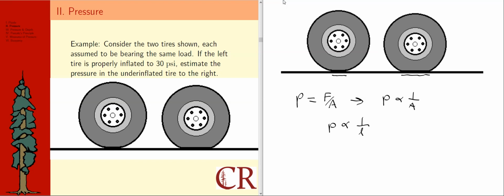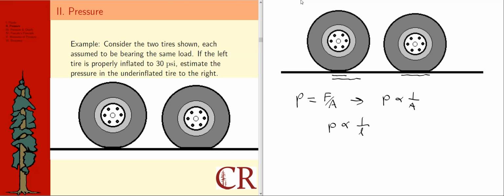there. It might be hard to eyeball, but I've got some tools here that might help me out a little bit. I'm going to copy this one here and then move it close to the other one. And now that we're looking at them close together, it looks like that length of the underinflated tire is roughly twice as long as the properly inflated tire.